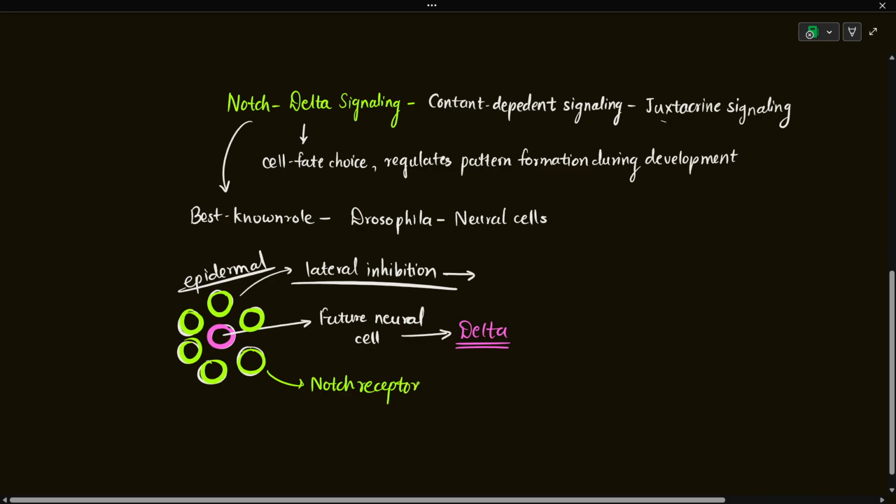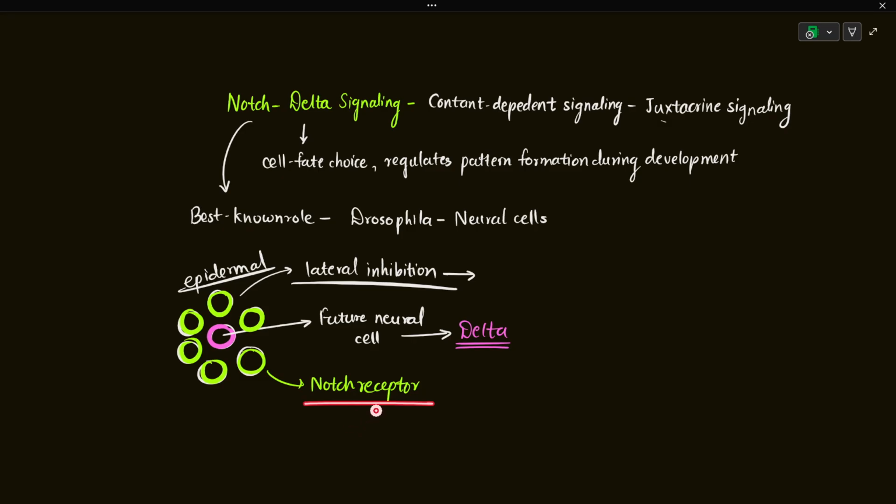The Delta will interact with the Notch receptor, and that is going to activate the protease situated on the plasma membrane of the Notch expressing cell, and that protease will cleave the intracellular domain of the Notch receptor, and that is going to do the signaling. So this is how Notch-Delta signaling is quite crucial for formation of the neural cell.